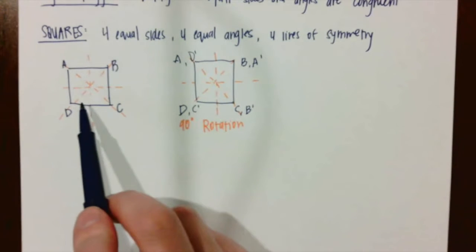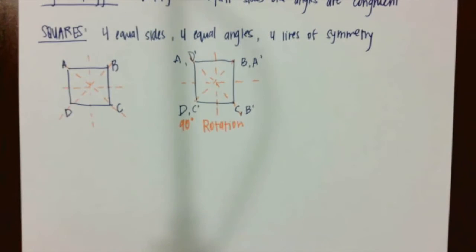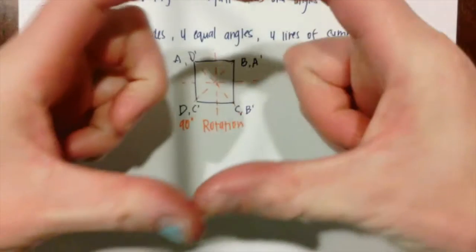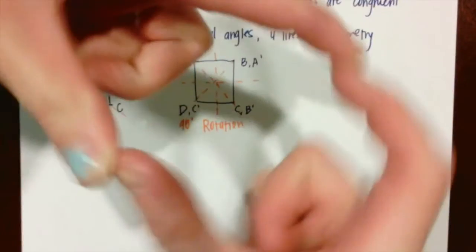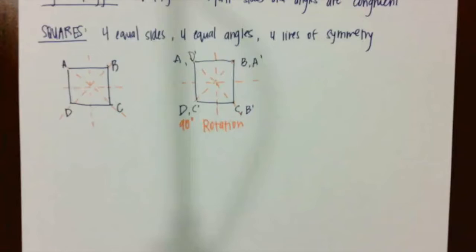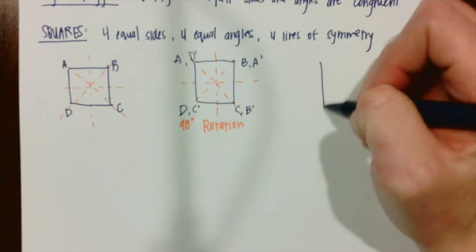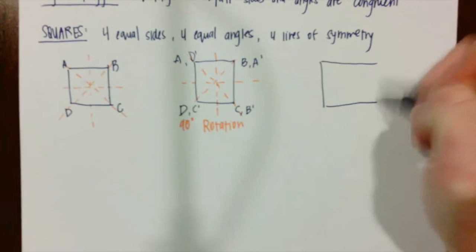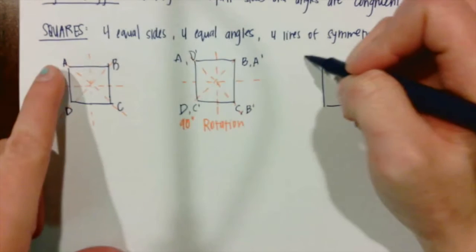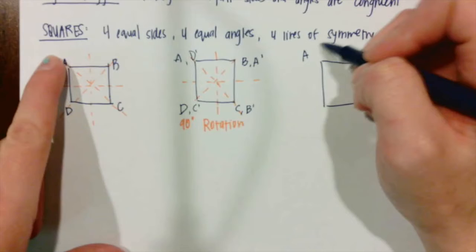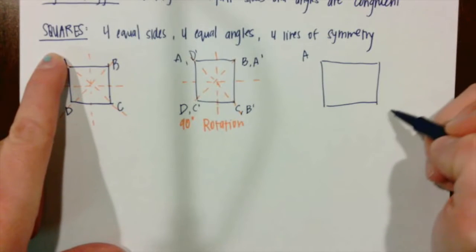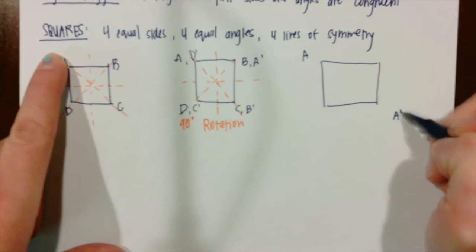Now what if we take this original one and we rotate it 180 degrees? So we're starting here and we're going to twist it all the way around. My arm doesn't bend quite that way. So when A begins here and it twists 180 degrees around, it comes over to this corner.